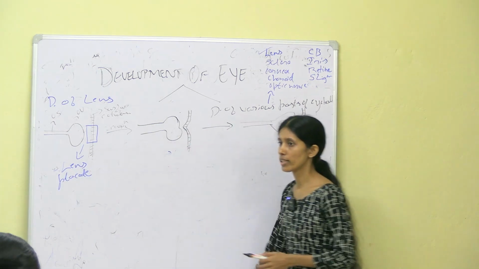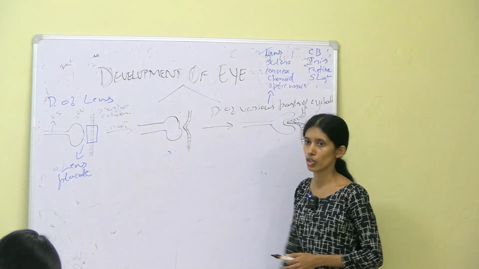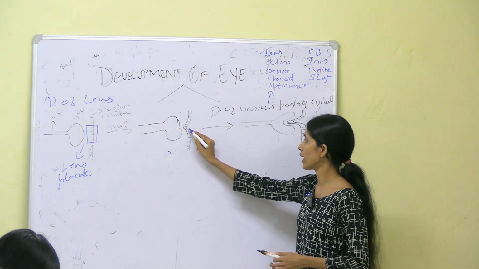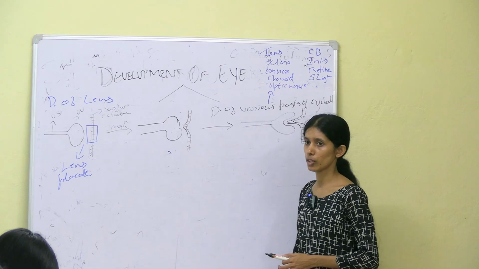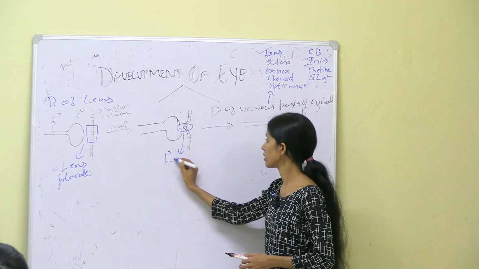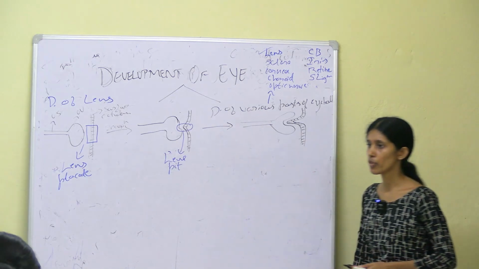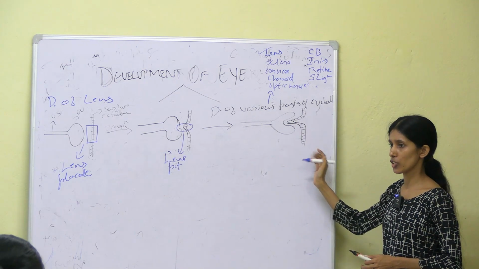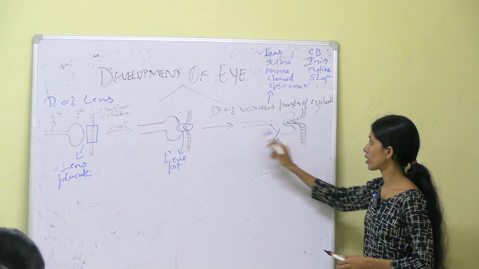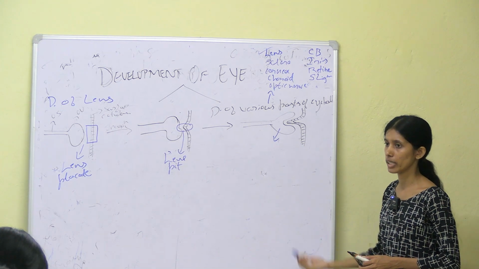Okay. Once the invagination starts, there will be some changes in the structure of your optic vesicle and also in your surface ectoderm part. Now this region is called the lens pit. Okay. Once the complete invagination takes place, both your optic vesicle and your surface ectoderm structure will completely change.